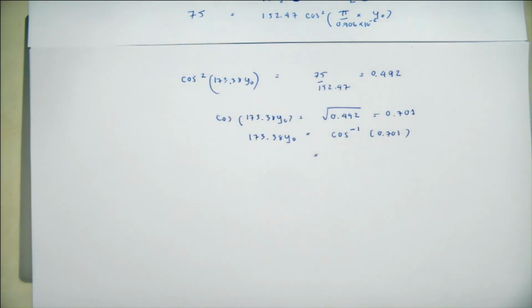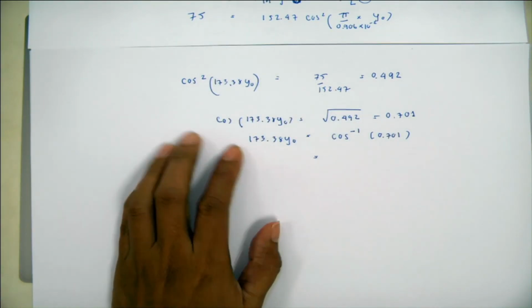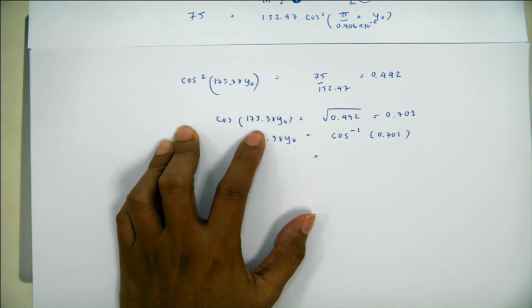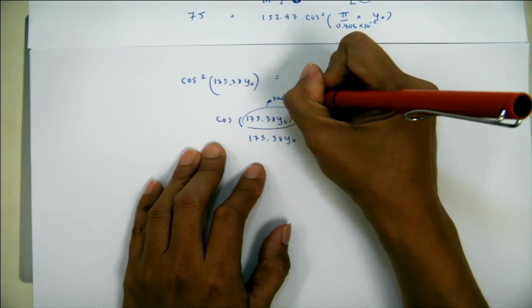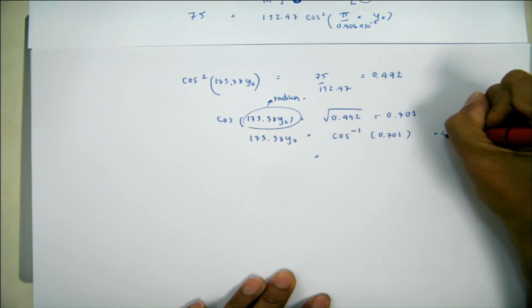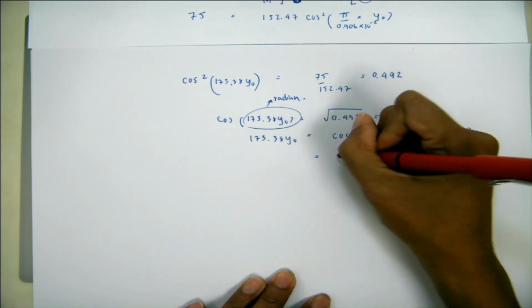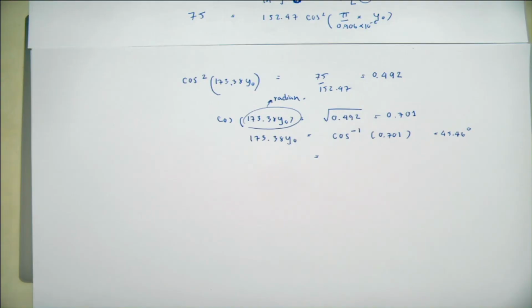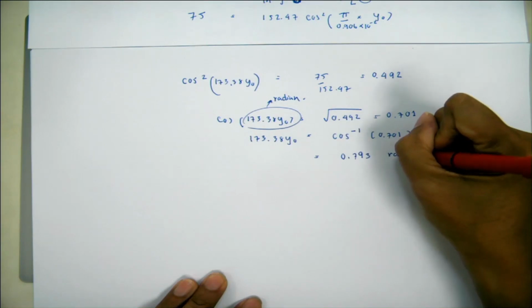Again, at this point, this is where you usually make mistakes. When you do something like this, the argument of cosine is always in radians. This is the basic element. So we got 45.46 degrees, which will be converted into radians as 0.793 radian.